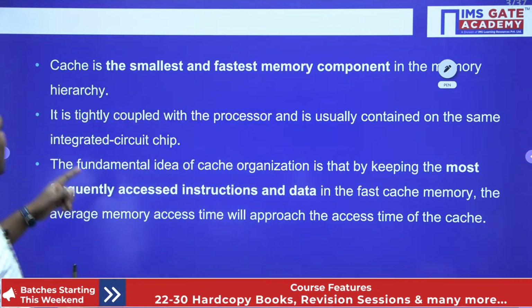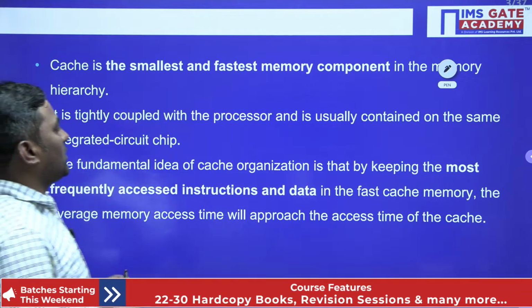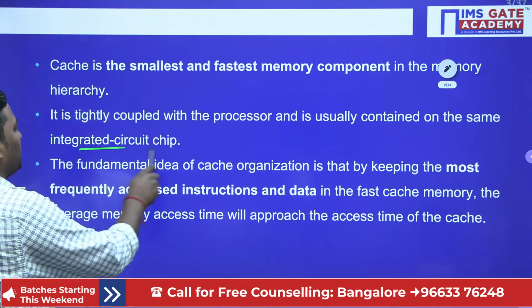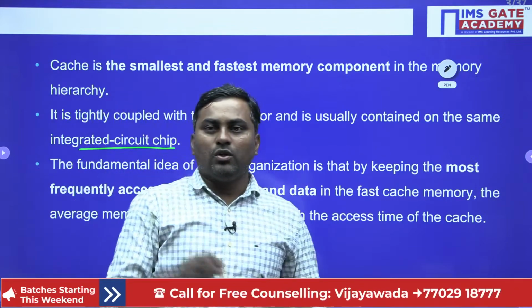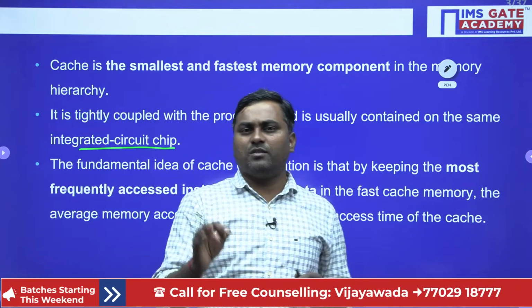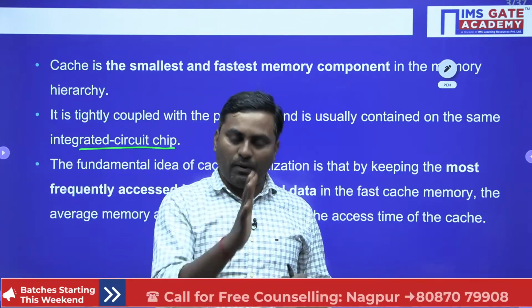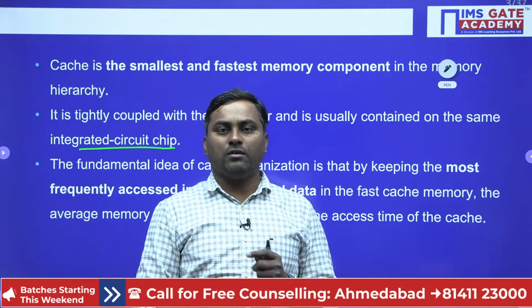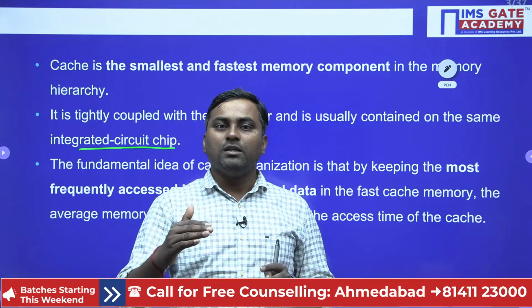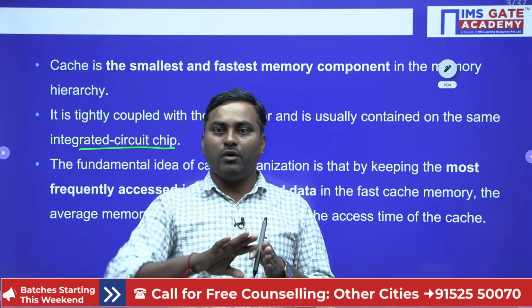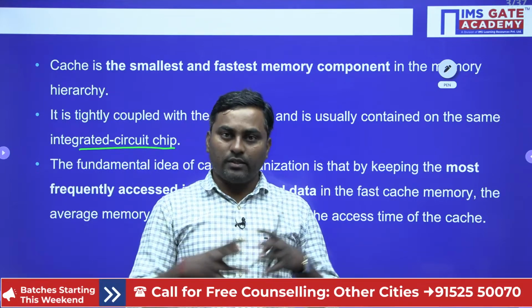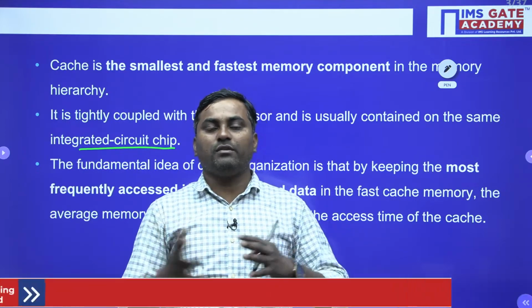It is tightly coupled with the processor and usually contained on the same integrated circuit. Getting my point, all of you. In most systems, the cache is part of the processor or CPU chip only. But in contemporary computer architectures, one level of cache memory will be outside the processor, which we call level 3 cache memory. The cache memory can be level 1, level 2, level 3.